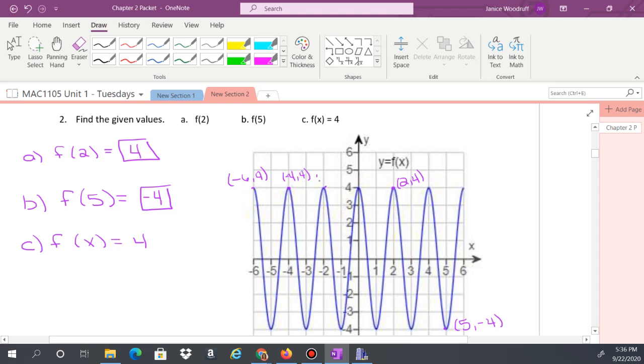We have -2, 4. We have 0, 4. We have 2, 4. We have 4, 4, and 6. So we would just list those separated by commas: -6, -4, -2, 0, 2, 4, 6.